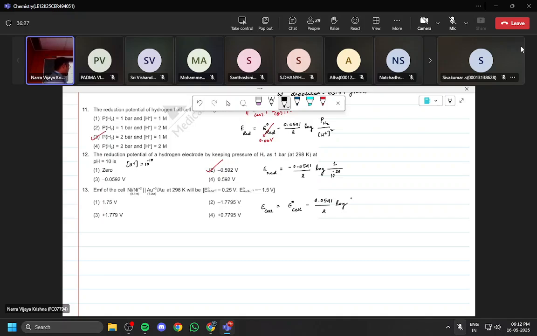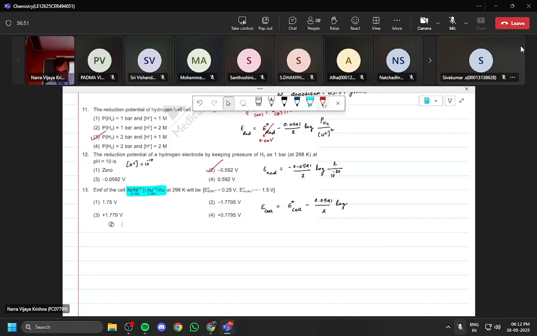Which will be product in this reaction? Nickel or gold, which will come in product side? Reduction means gold Au plus 3 comes in reactant side, Au comes on product side. Oxidation, Ni comes on reactant side, Ni plus 2 comes on product side.